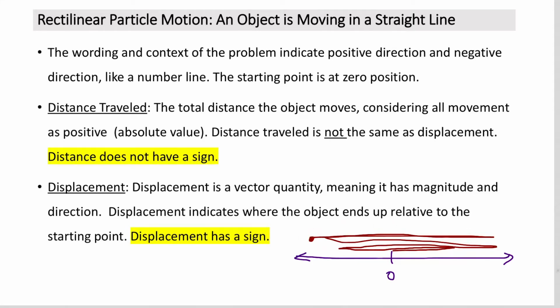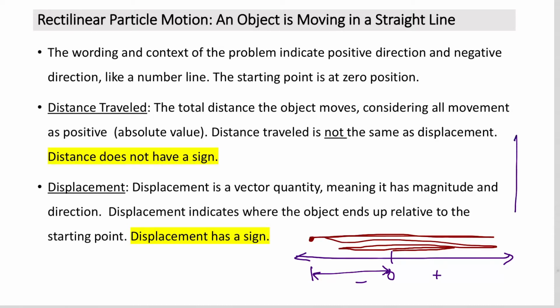So when you talk about displacement, you're interested in how far you are away from the starting point when you stop. All right, so if you're on the left of the starting point, it would be a negative displacement in my picture. This would be negative displacement. If you ended up on the right side of the starting point, in my picture, it would be positive displacement.